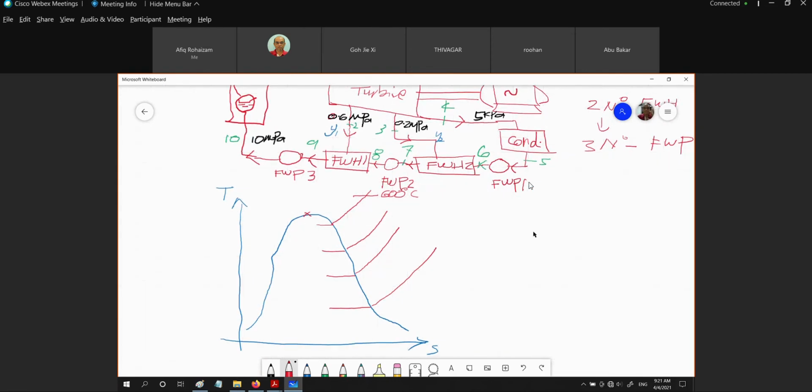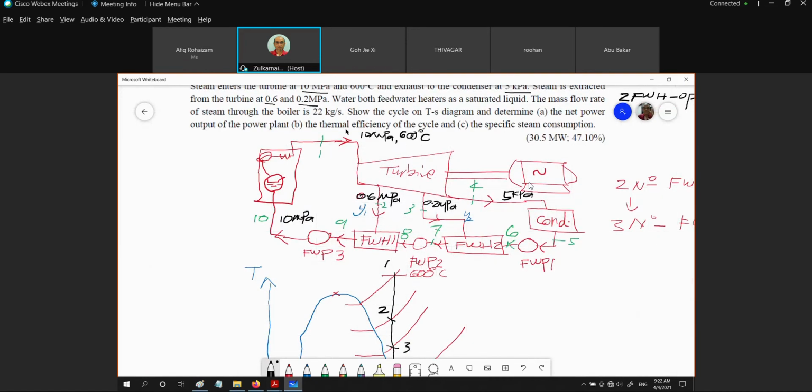And then if we try to sketch the process of expansion in the turbine, using this point as my guide, I'm going to have this type of expansion. And this is 1, this is 2, this is 3, and this is 4. At the expansion part, 1 to 2, then 2 to 3, and then 3 to 4.